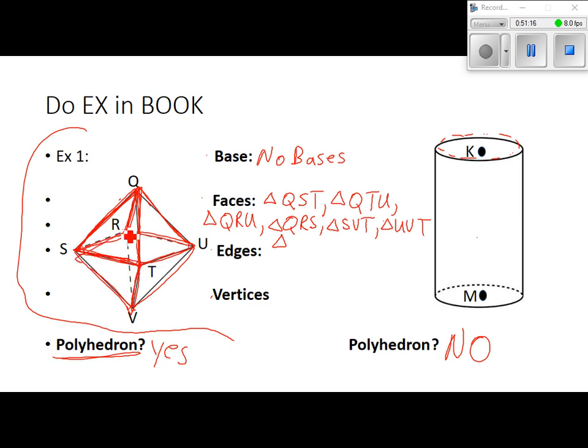Oh no, I haven't. There it is. So it's this triangle back here, SRV. And then this one back here, RVU. And it doesn't matter which order you put the 3 letters in, but there should be 8 of them. 1, 2, 3, 4, 5, 6, 7, 8.